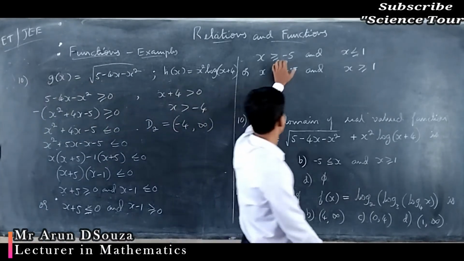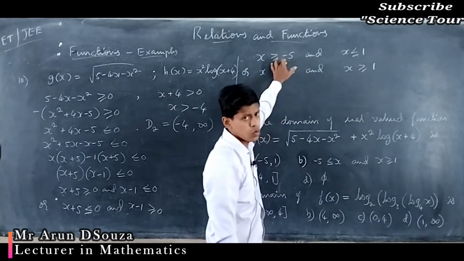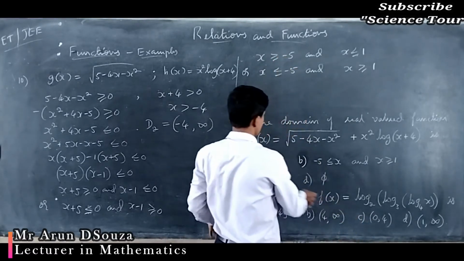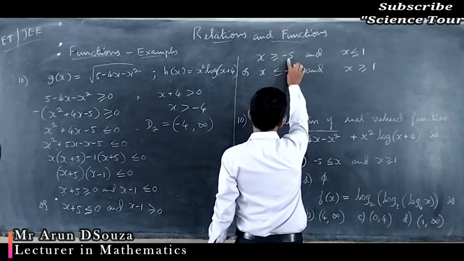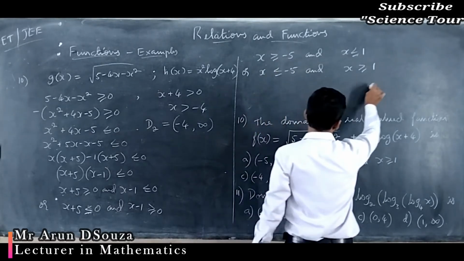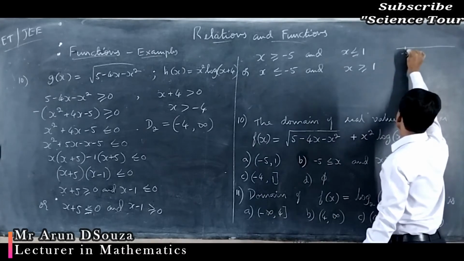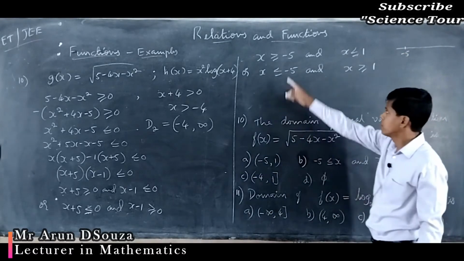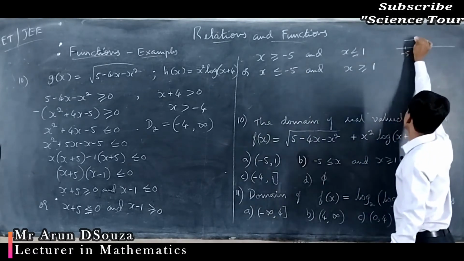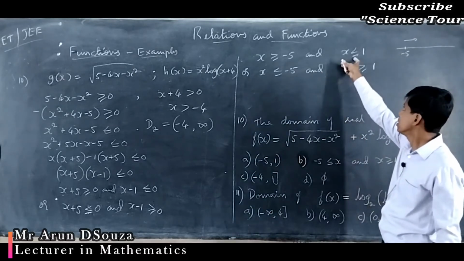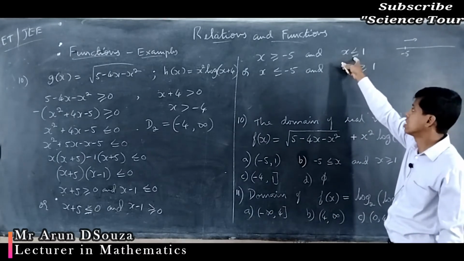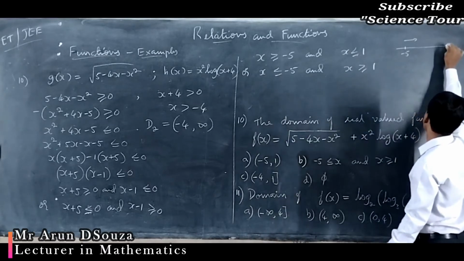Alright. Now for this first one, you got minus 5 somewhere around here, roughly. So x should be greater than that, and it should be less than or equal to 1.